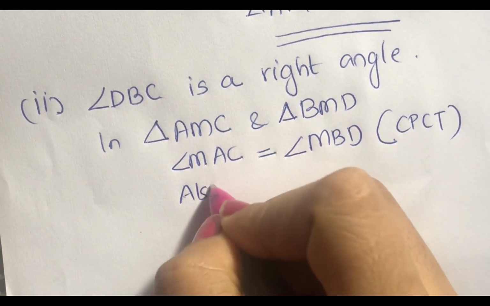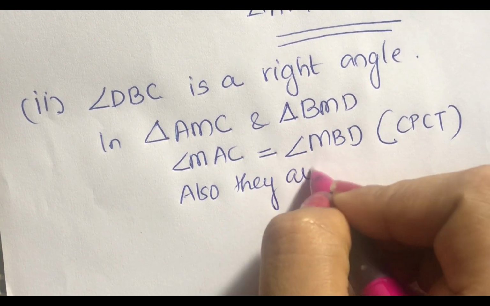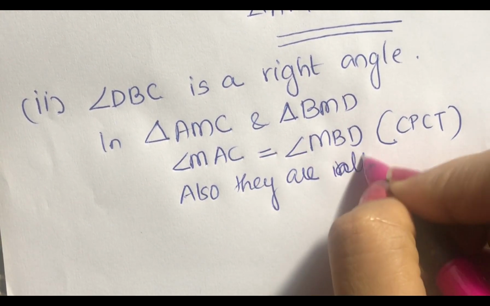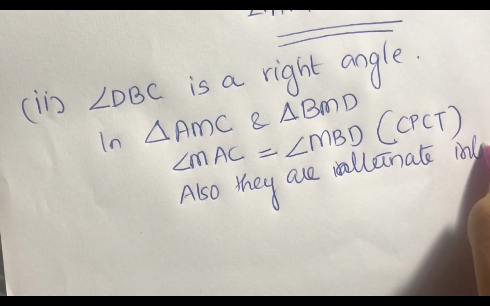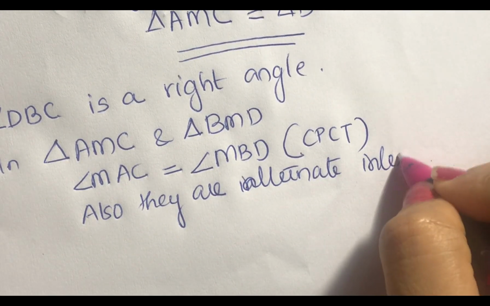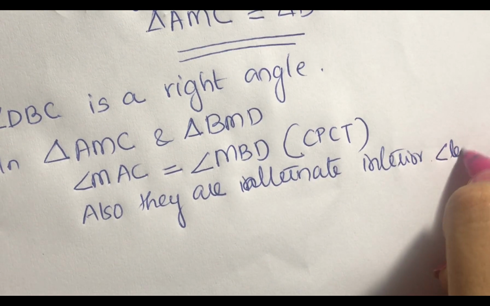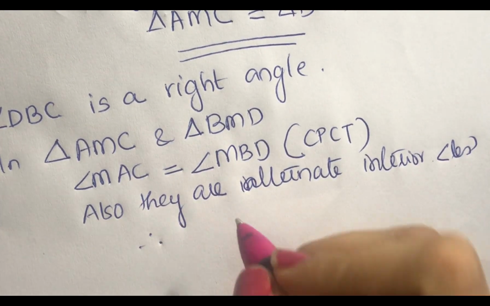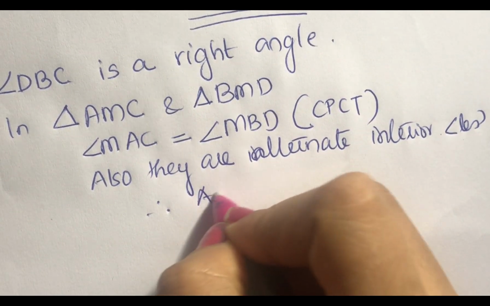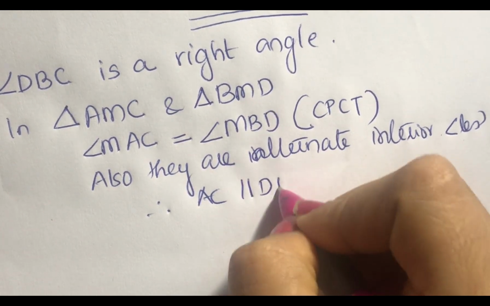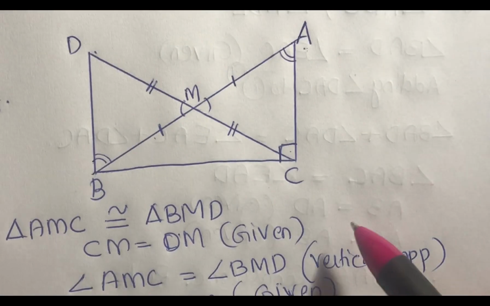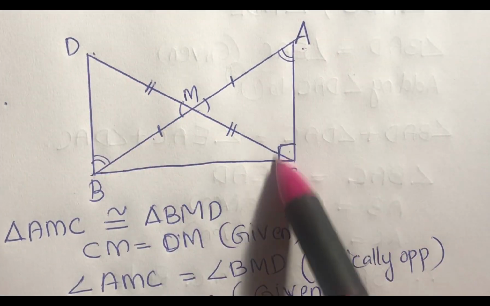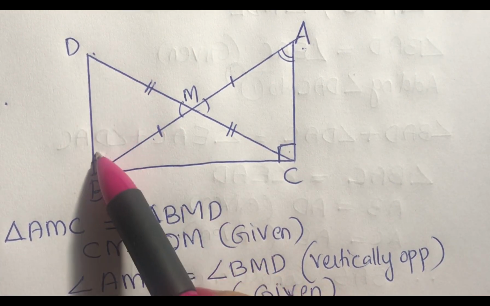Also they are alternate interior angles. Therefore AC is parallel to DB.